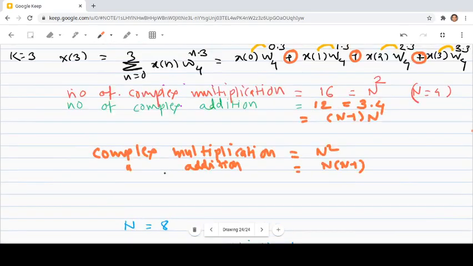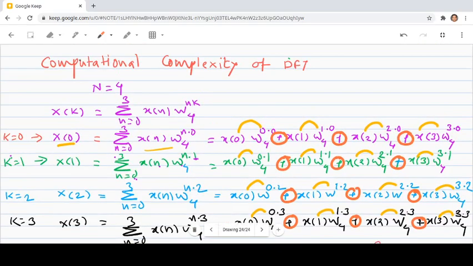So finding the DFT is computationally very extensive, and it requires a lot of time for performing these additions and multiplications.